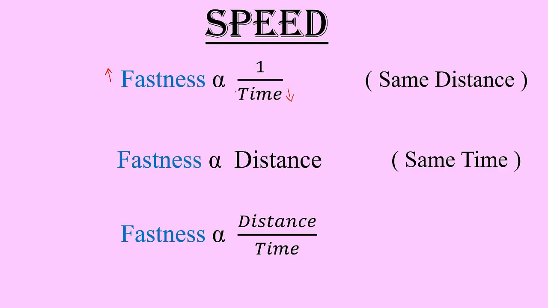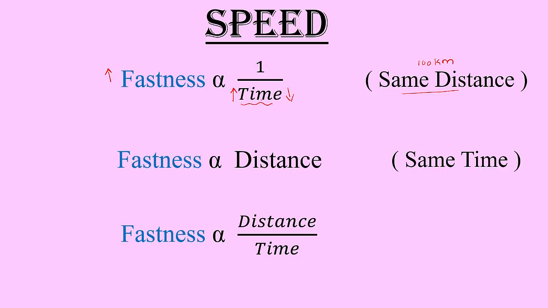Suppose when time taken is more, that means when time increases, then fastness decreases. So that's why fastness is inversely proportional to time for the same distance. If distance is constant, let us take it as 1000 km, fastness is inversely proportional to time.